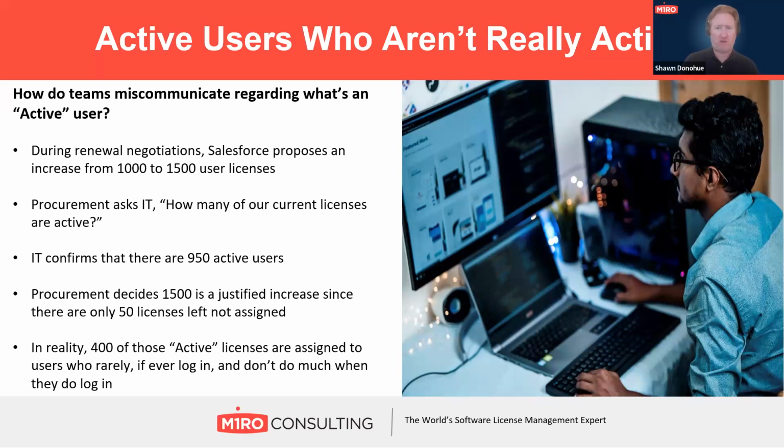Salesforce was proposing moving from about 1,000 users to about 1,500 users. When procurement asked, IT came back and said, we have 900 active users. So procurement thought, okay, we're almost out of licenses. Sounds like a good time to buy more, because they thought they only had about 50 licenses left unassigned.